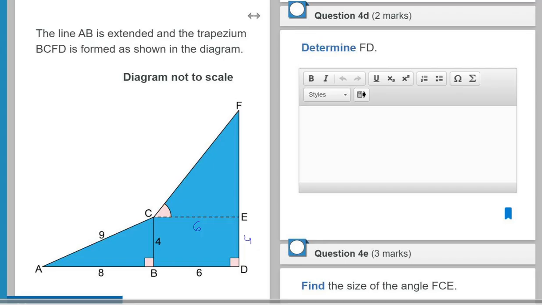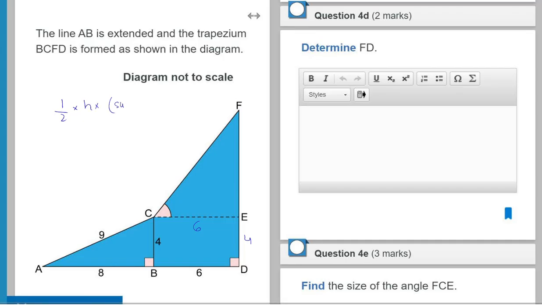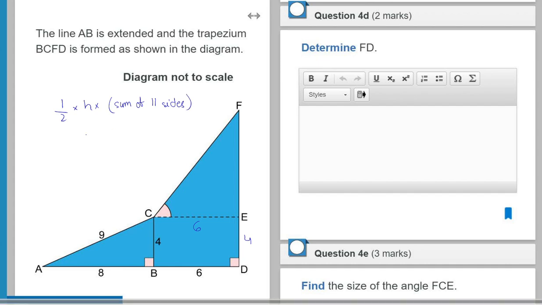You can understand it this way. Look, this was the entire trapezium, right? What's the formula for the area of a trapezium? Area of a trapezium is 1 over 2 multiplied by height multiplied by the sum of parallel sides. This just means parallel sides.